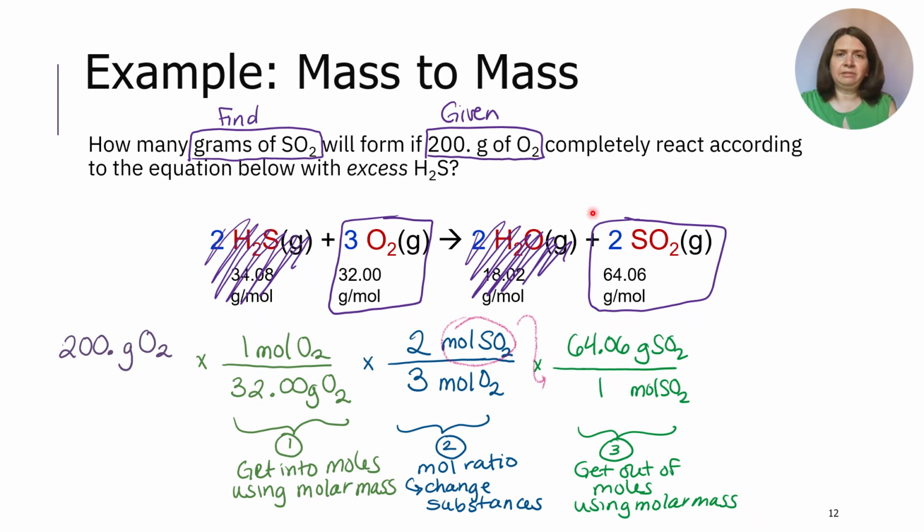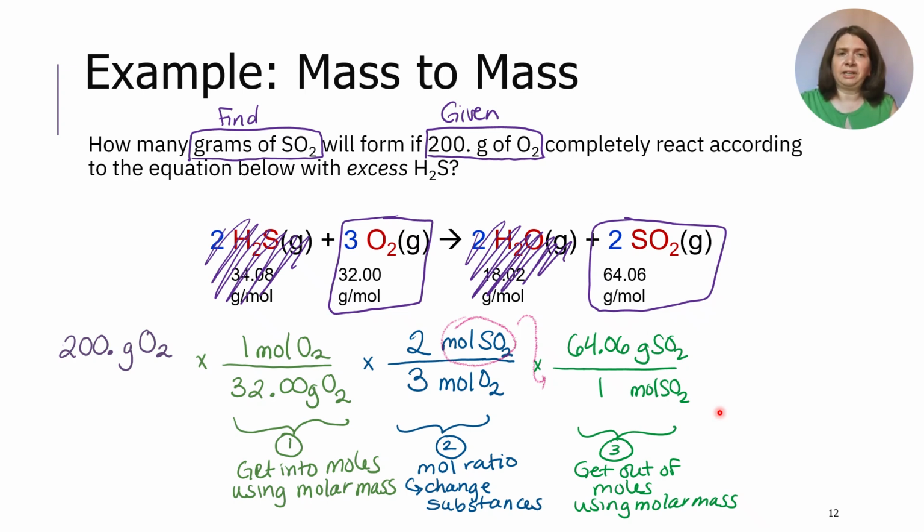Notice that every conversion factor is arranged so that the previous unit cancels. A good habit is to copy both the unit and the chemical formula from the numerator of the previous conversion factor into the denominator of the next one. This helps prevent common mistakes.